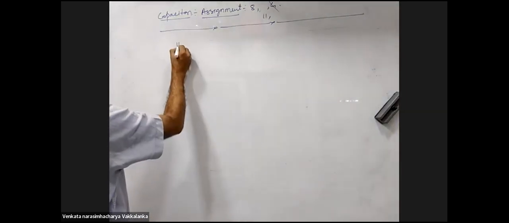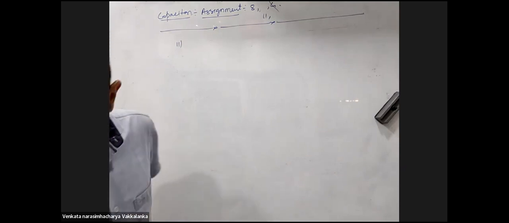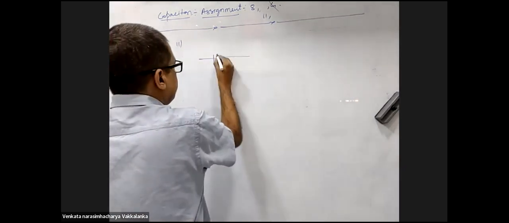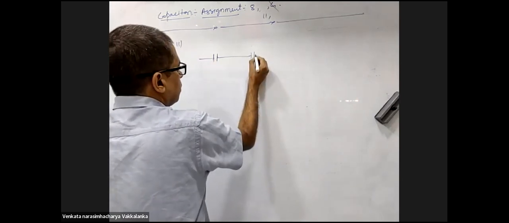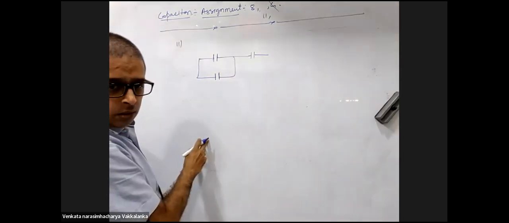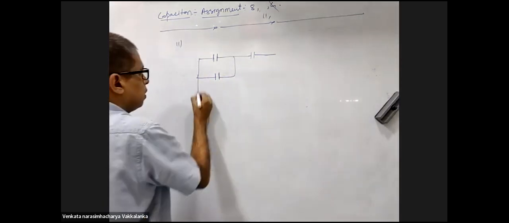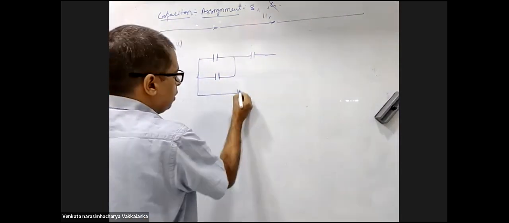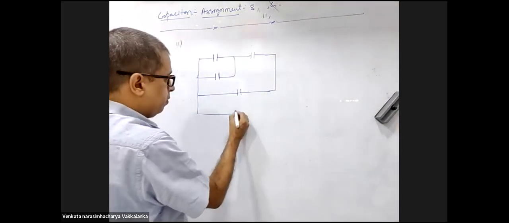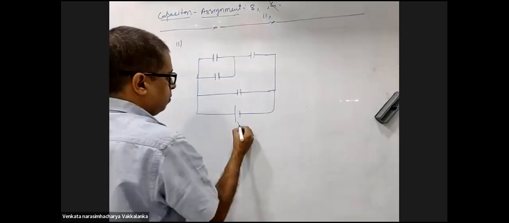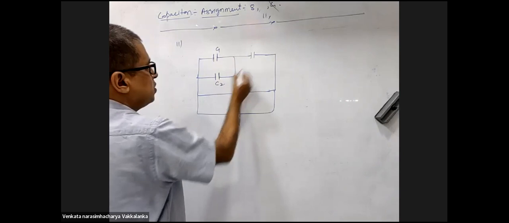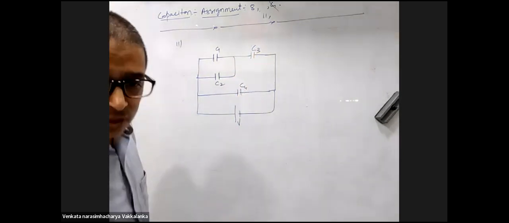Now, as far as the 11th question is concerned, they're playing with you people. They gave you C4, C1, C2, C3.